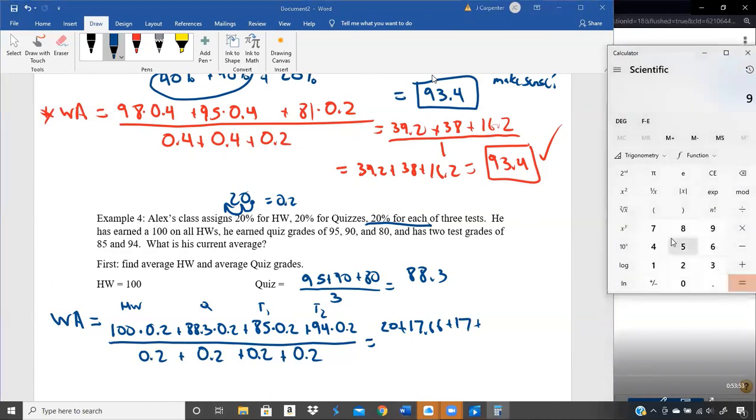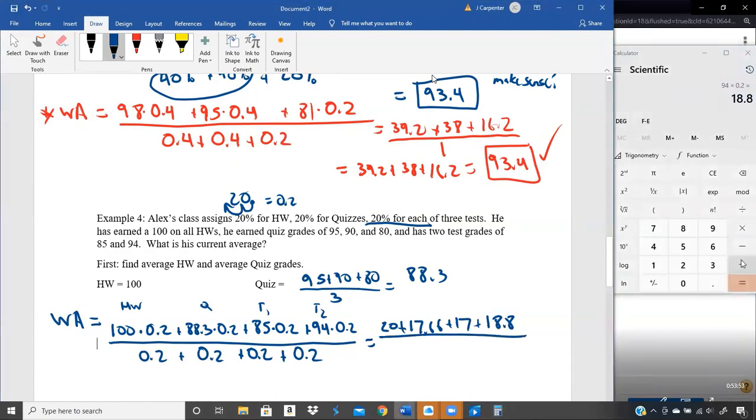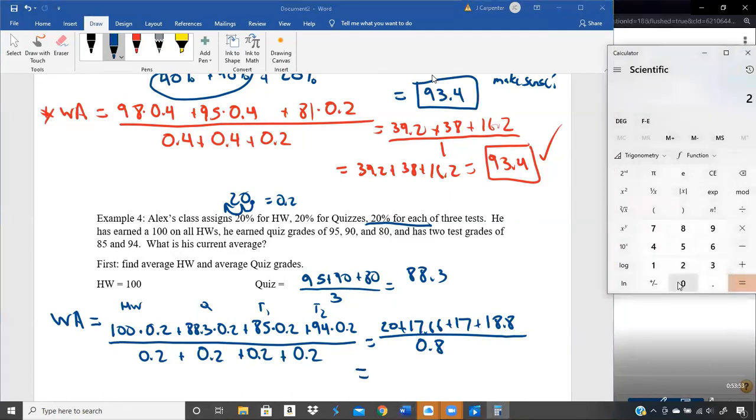The 94 times 0.2 will be 18.8. And that's it for the top. The 4 categories, remember test 3 not taken, so nothing written about it. And then 0.2 plus 0.2 plus 0.2 plus 0.2 is 0.8. 2, 4, 6, 8. Add those up: 20 plus 17.66 plus 17 plus 18.8.